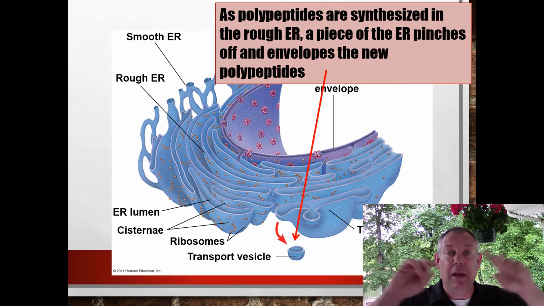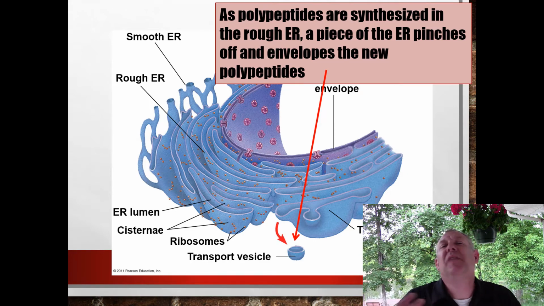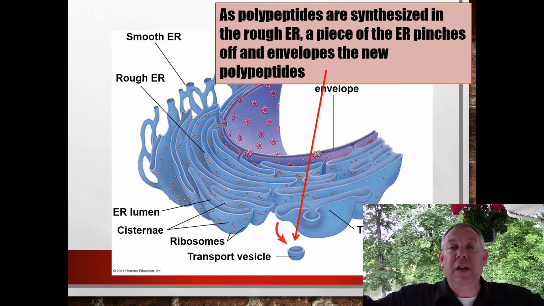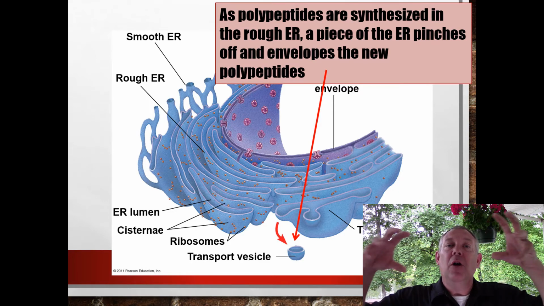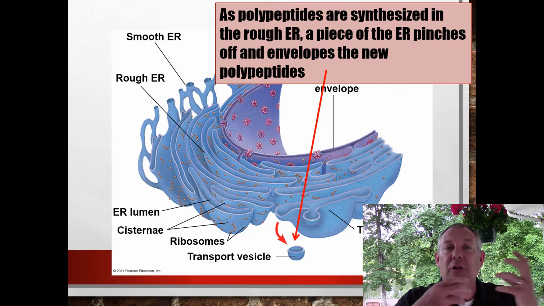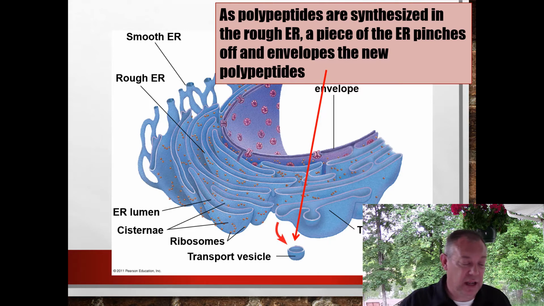A protein is a polypeptide that has function. And so, for example, take proteins that have quaternary structure, like a collagen fiber or a hemoglobin, where you need different polypeptides to all come together to form the functioning protein. Well, a lot of times it's the Golgi apparatus that's pulling these things together.